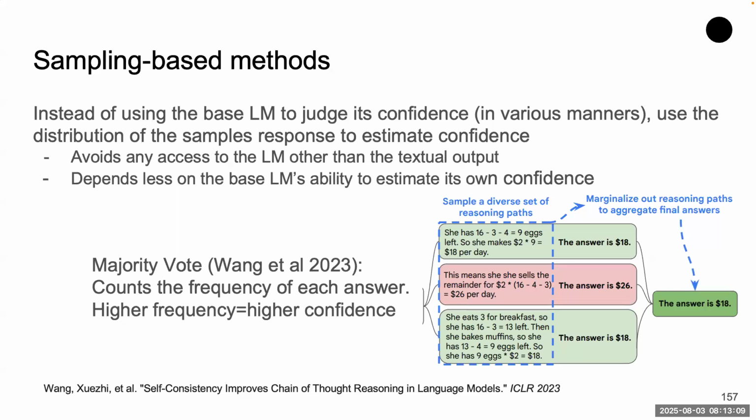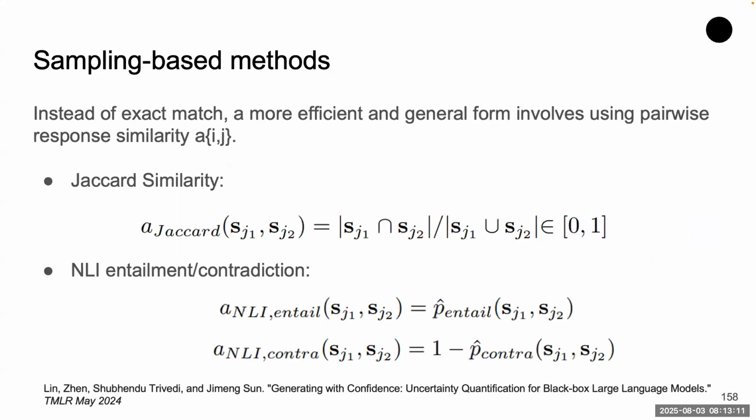Since you have multiple samples now, you can calculate more complicated things than just majority vote. Majority vote is simple, but it relies on finding exact matches, and sometimes you do not have exact matches. In the semantic meaning space, you may have variations in the words, but the semantic meaning is the same.